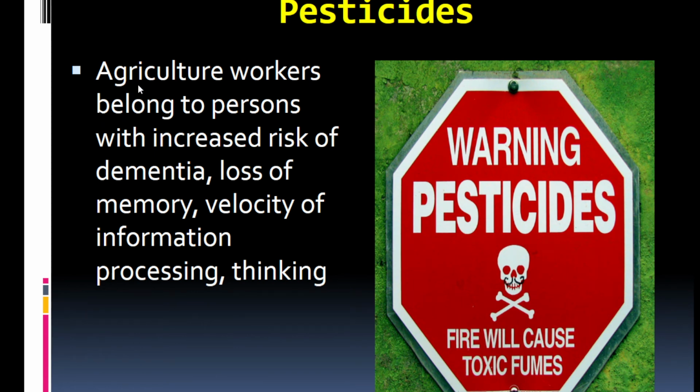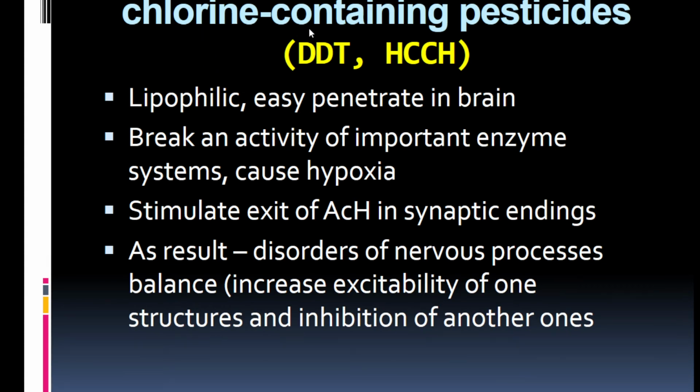Pesticides. It's known that agricultural workers belong to persons with increased risk of dementia, loss of memory, decreased velocity of information processes, thinking. Chlorine-containing pesticides, in our territory, in the Crimea, for example, in the Soviet Union, we used these pesticides. They have lipophilic action, easily penetrate the brain, break the activity of important enzyme systems, cause hypoxia, and stimulate the exit of acetylcholine in synaptic endings.